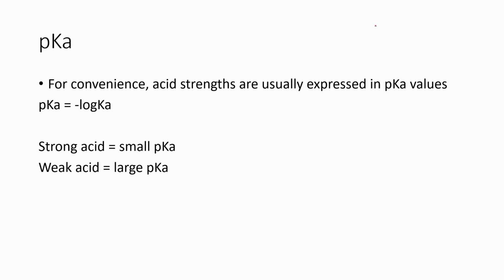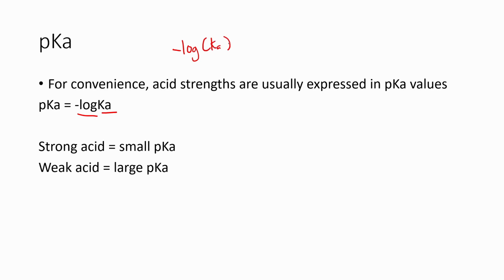For convenience, acid strengths are usually expressed in pKa values instead of simply Ka values. To get our pKa value, we simply get the negative log of Ka. So you get the negative log of your acidity constant.